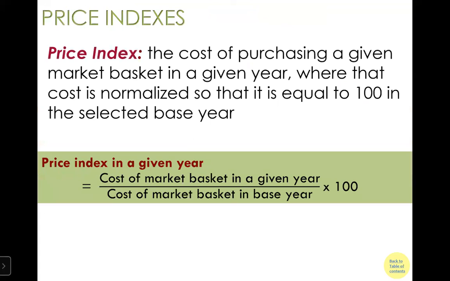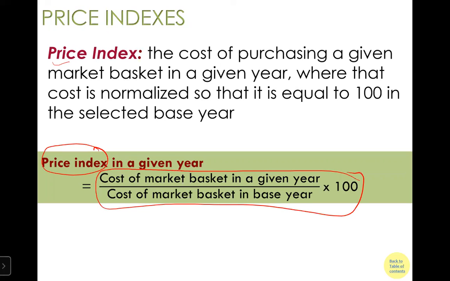Now, given the cost, we can find out the price index. The cost we just calculated is in dollar terms, right? So now, given the cost, we calculate the price index by this formula. Okay, cost of market basket in a given year divided by cost of market basket in base year.